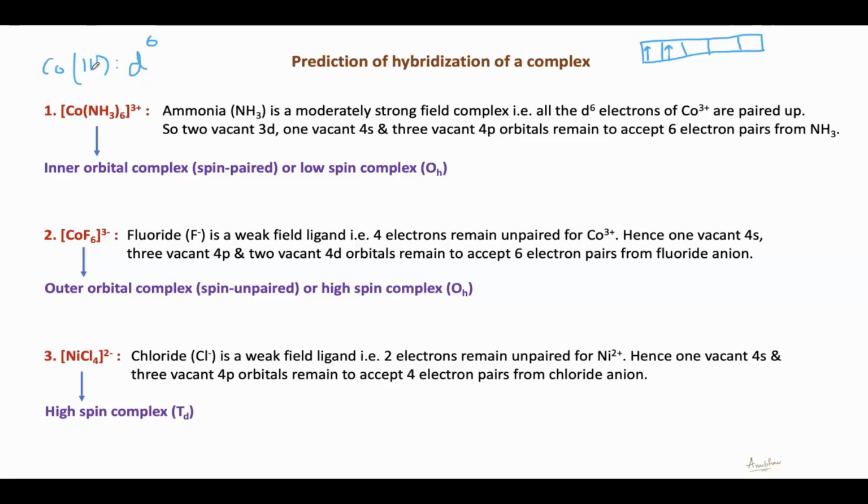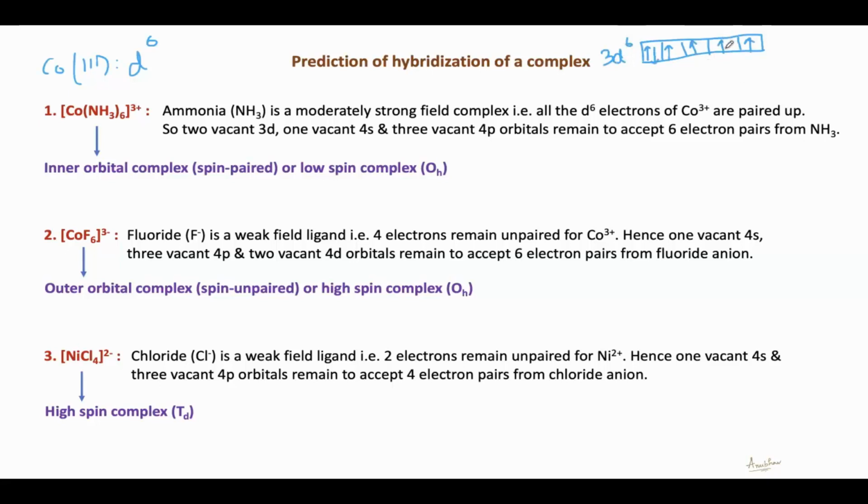Since it is +3, 3 electrons will be removed, so we will have this 3d6 configuration. Now let us fill the orbitals with the help of electrons. So 5 are put here, and the last one is paired up. So this is the 3d6 configuration of the cobalt +3 ion.